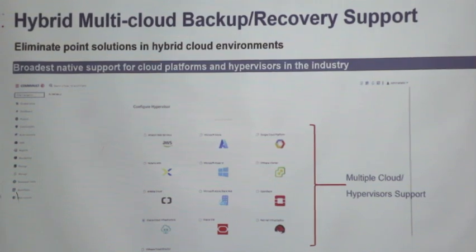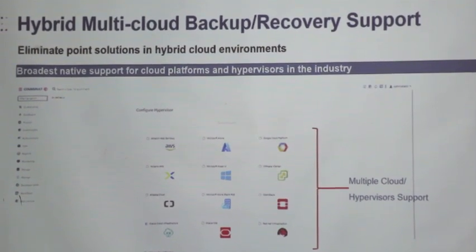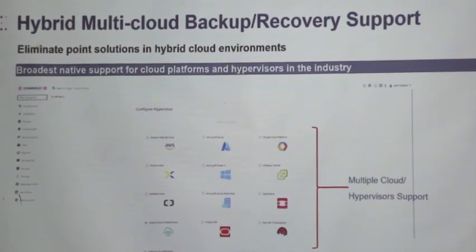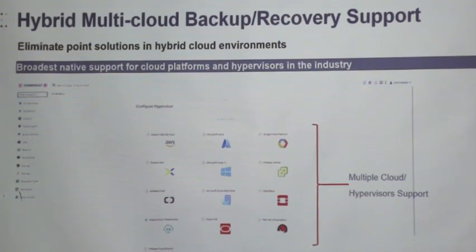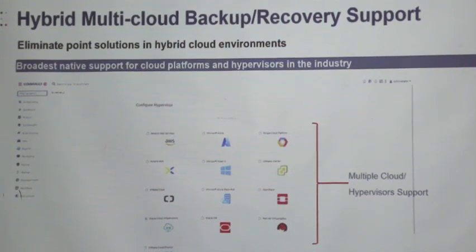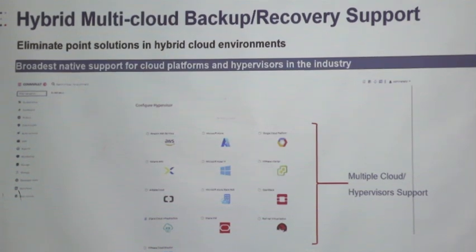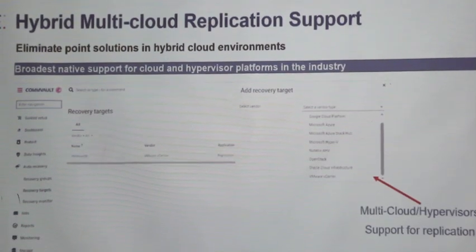For example, we're able to extend the deduplication capability that we have on-prem to all of these clouds. So if I have workloads sitting in the cloud and I want to back them up, whether I'm backing up to the cloud or on-prem, we can do it because of the native integration. We are also able to control how things work even in those clouds. We can automate deploying workloads on and off that customers have in those clouds.